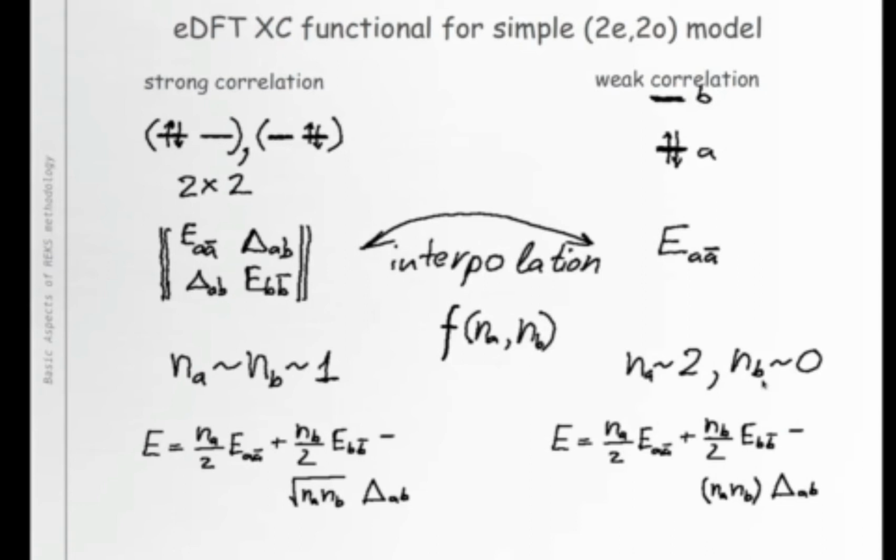The trick that I used in the derivation of my method was to interpolate between the two limits: the limit of strong non-dynamic correlation, where both orbitals are almost equally or exactly equally occupied, and the limit of a normal Kohn-Sham system, which is dominated by dynamic electron correlation only.